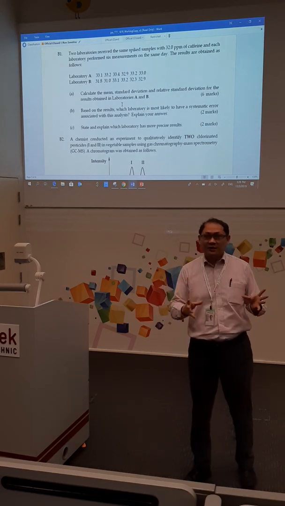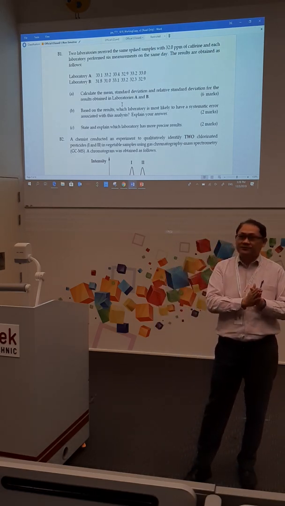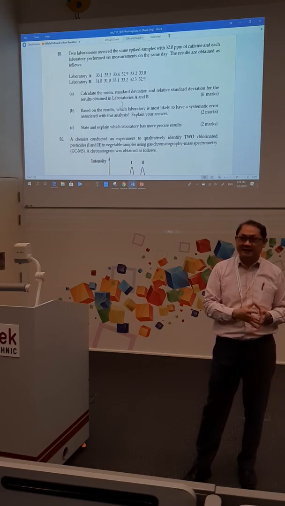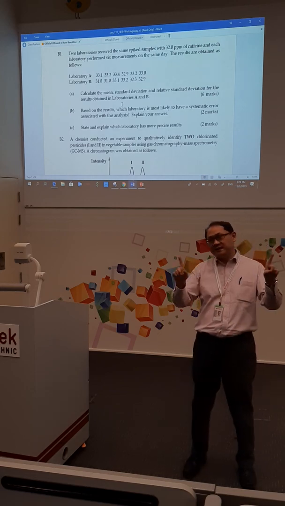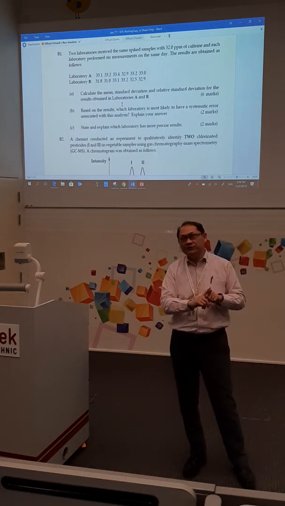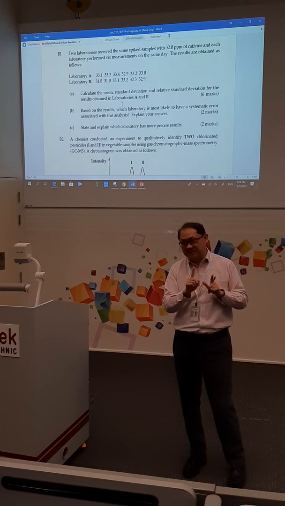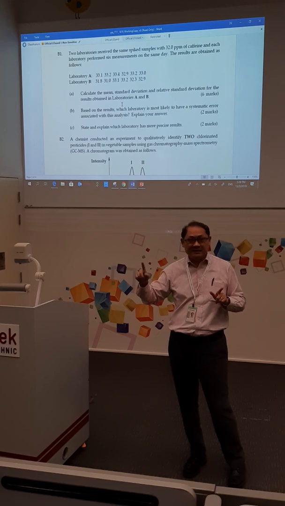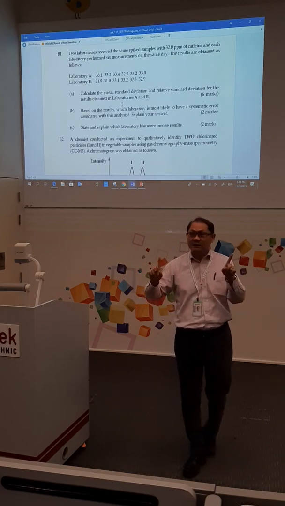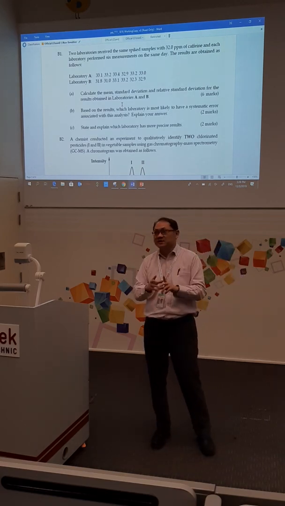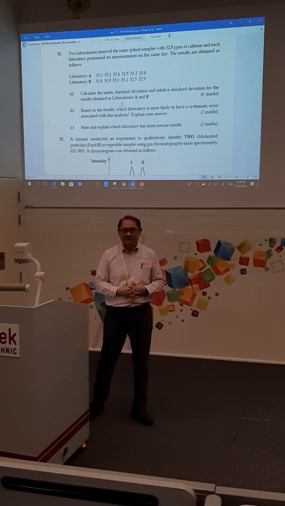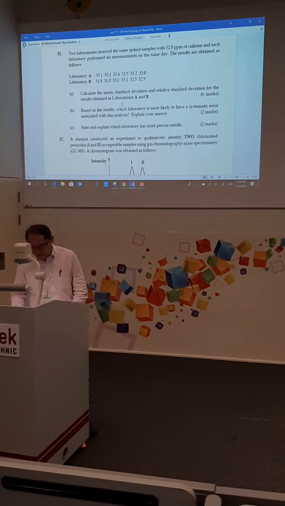So of course, the lower the RSD percentage, the more precise the data. So in comparison, laboratory A only gives you less than 0.6%, then laboratory B, the RSD is close to 3%. Of course, laboratory A has a much lower RSD. The results are more precise. Okay, that is by definition.